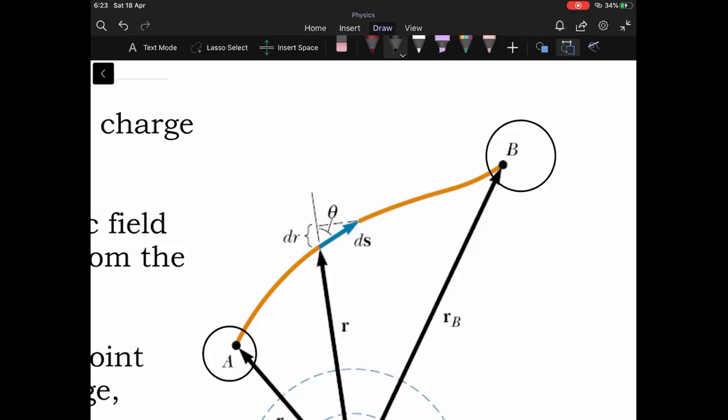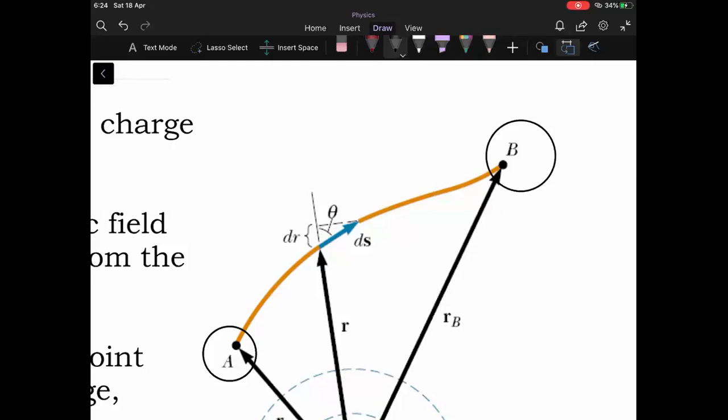Okay, and you have to calculate the work done by that external agent all throughout this path, and then whatever total work that you get, that is the work done by the external agent divided by the charge that you shifted from A to B, that will be your potential difference.